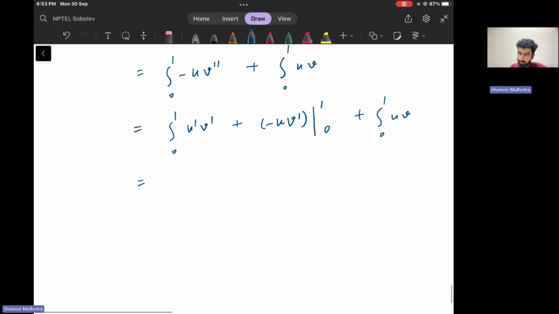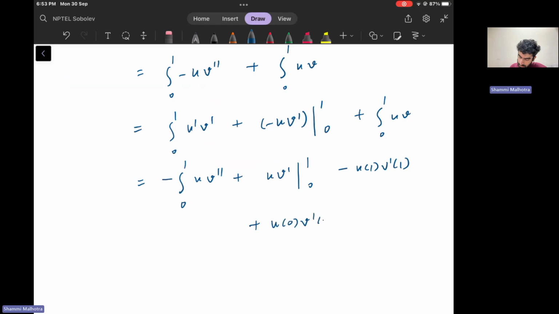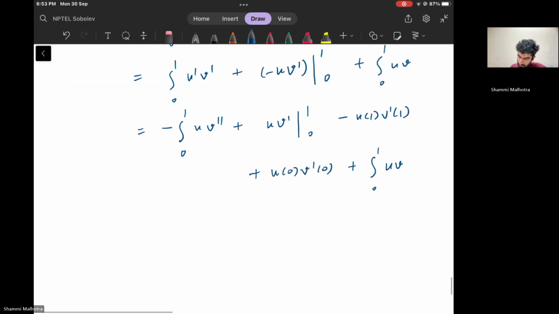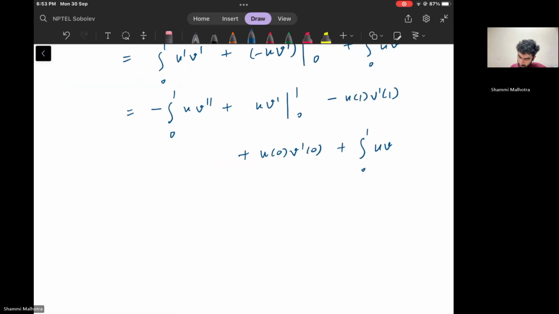And then again we are using integration by parts one more time. We have minus integration 0 to 1 of u times v double dash plus u v dash, this time 1 at 0, and this is minus u1 v dash 1 plus u0 v dash 0 plus integration 0 to 1 of uv. And all this can be written as integration 0 to 1 of u times minus v double dash plus v.